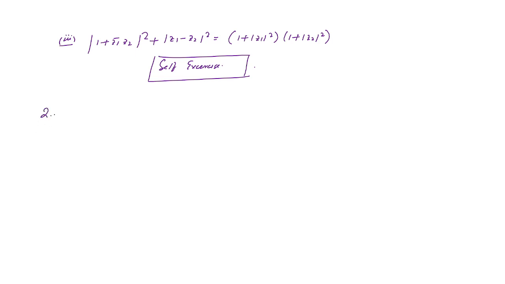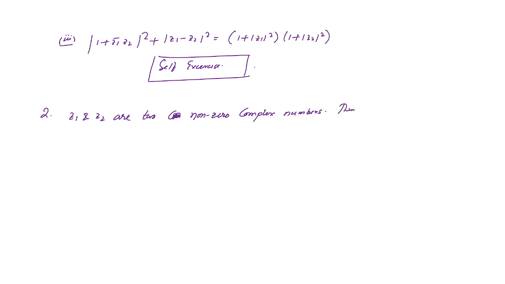Now we'll move to question number 2, which is given in exercise 2A. Z1 and Z2 are two non-zero complex numbers. It is given that both complex numbers are non-zero.